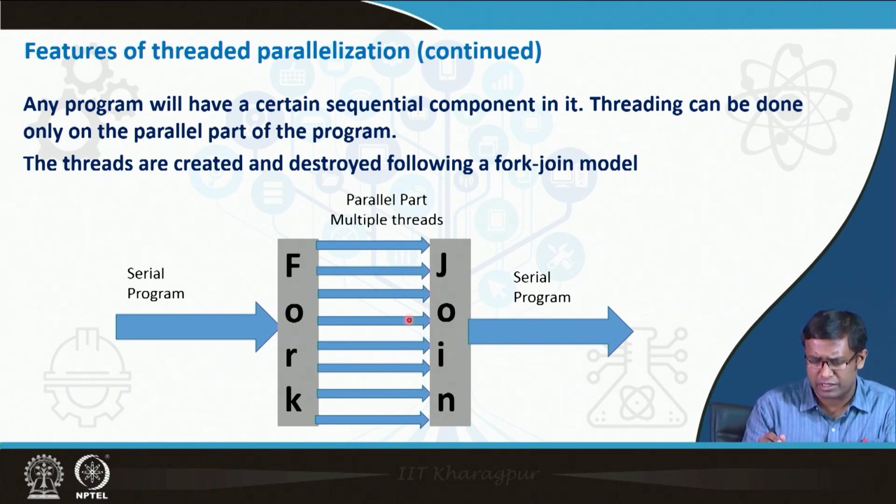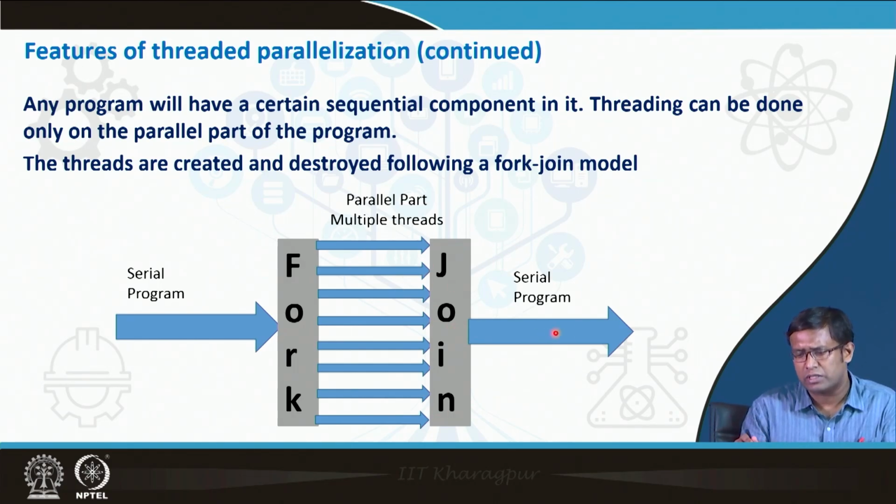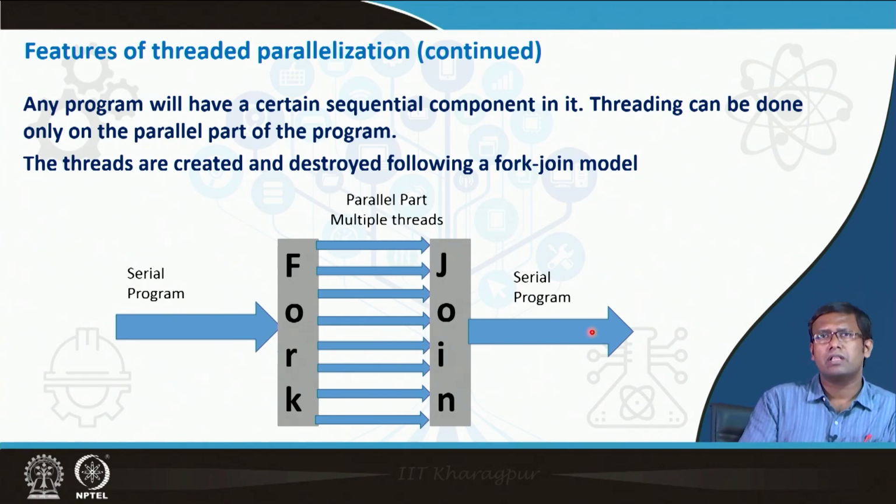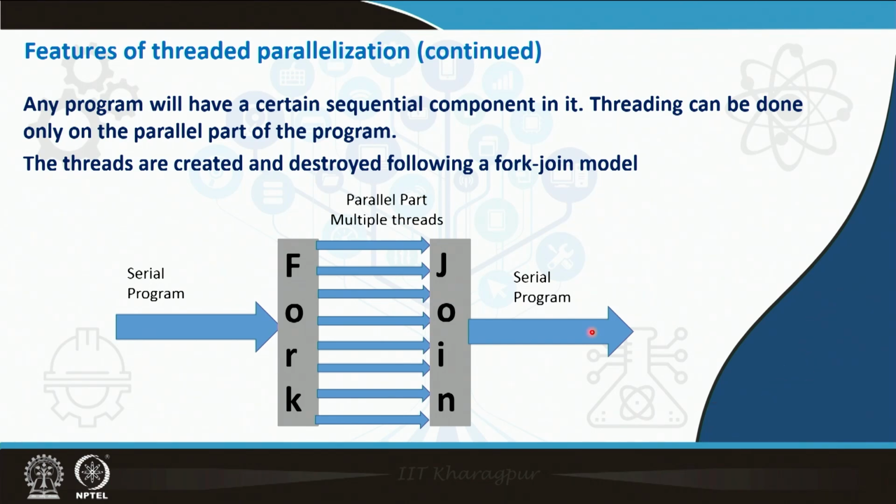So different instruction streams are launched, and when we have to again go to the serial part, all these threads join and one thread remains active, and we go to the serial part. So this is another very important feature of thread parallelism, and we should keep in mind that not all threads are active throughout the parallel program. At different instances a different number of threads will be active, and in the sequential regime only one thread is active.